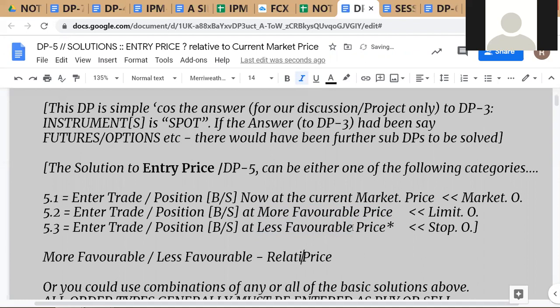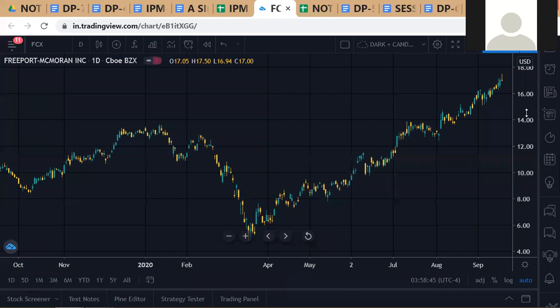More and less is always relative to something. Like Siddharth has more than Varun, Gaurav has less than Shaurya. So it is always relative to something else. So relative to the market price. More favorable, less favorable, these terms are relative to the market price.